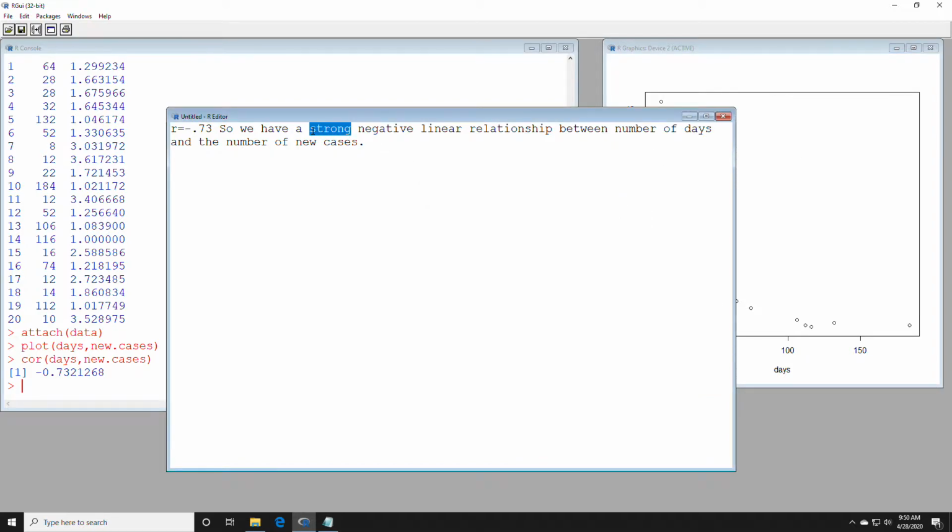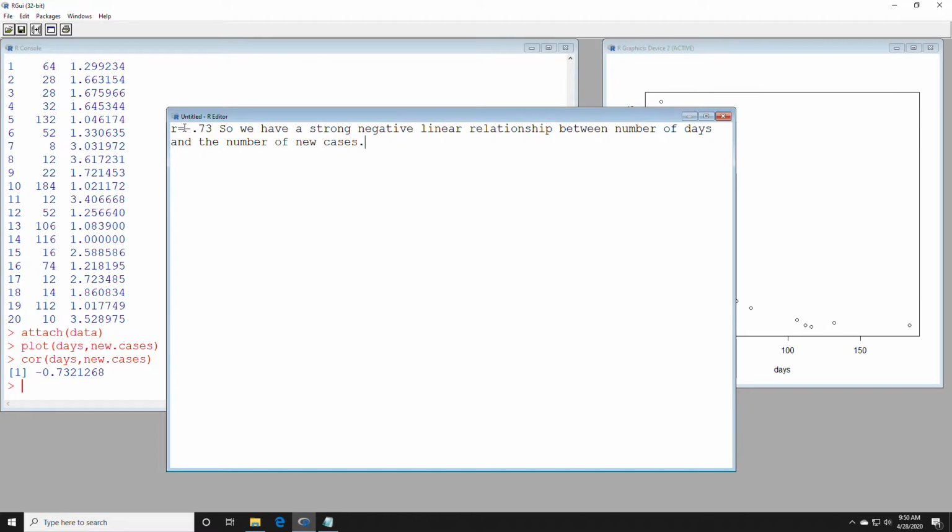Again, strong is 0.7 to 1, or negative 0.7 to -1. We might have moderate, say, between 0.4 and 0.7, or negative 0.4 and negative 0.7, and then between about negative 0.4 and positive 0.4, the range closest to 0, we might call that mild, or weak.